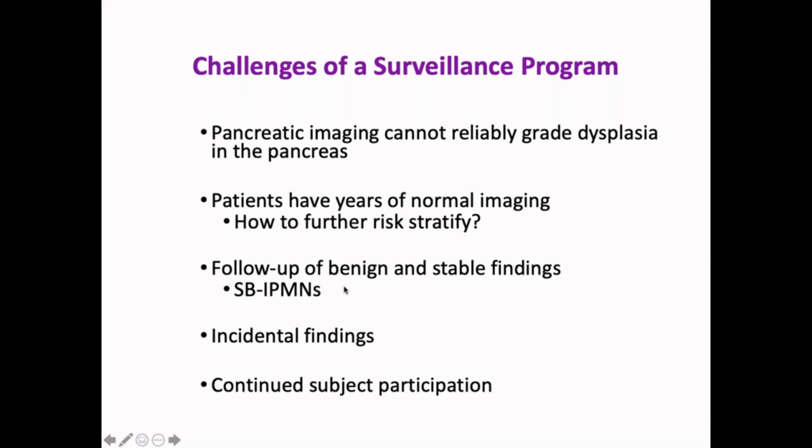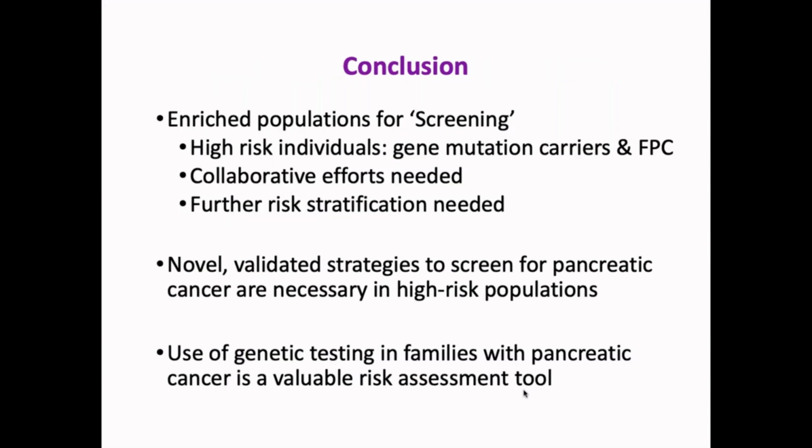Many times follow-up of lesions that are benign and stable over time, particularly really small side branch IPMNs, which don't progress for years. Challenges are the incidental findings that then lead to additional workup for something picked up on radiology, for example, and continued subject participation. Patients are motivated for different reasons, and falling out of a surveillance program is a real issue.